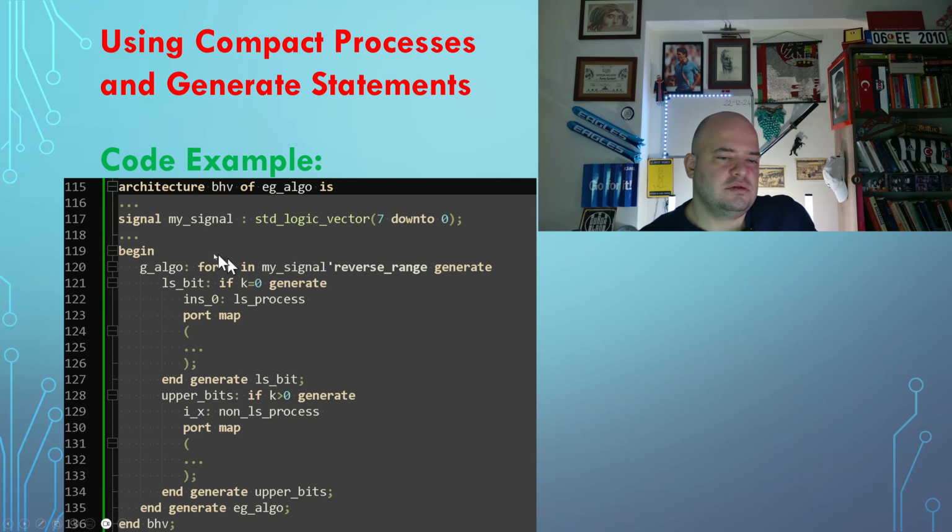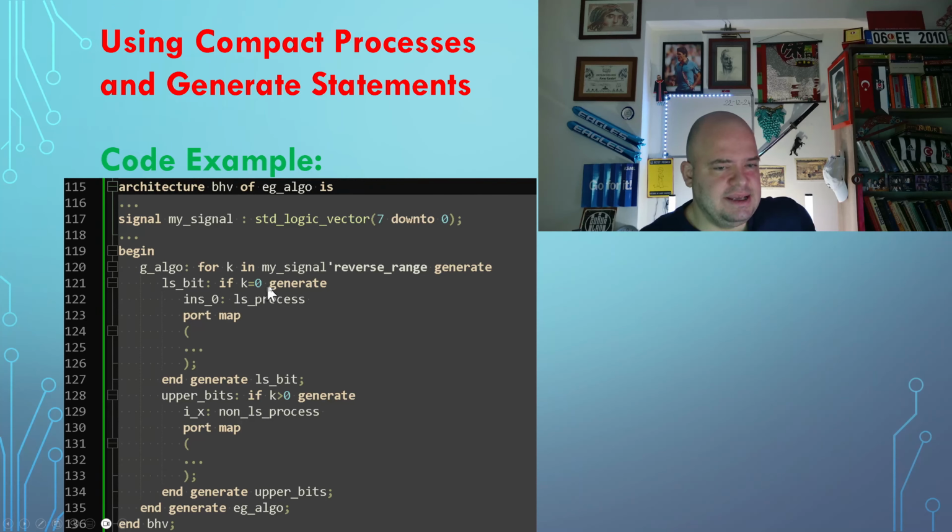Then this for generate will start from 0, that value k will start from 0 and it will increment until 7, including 7.